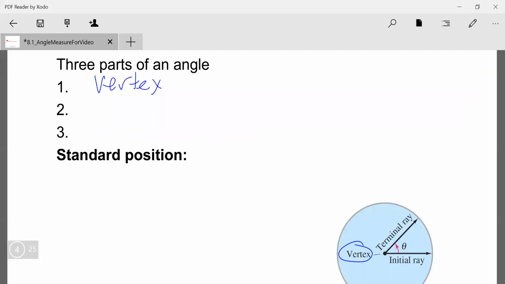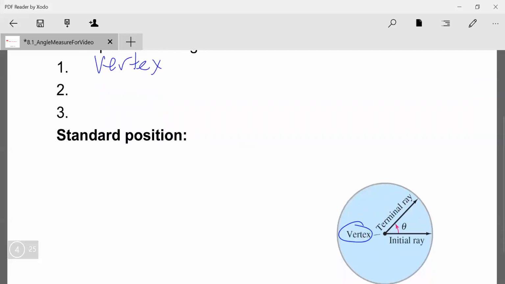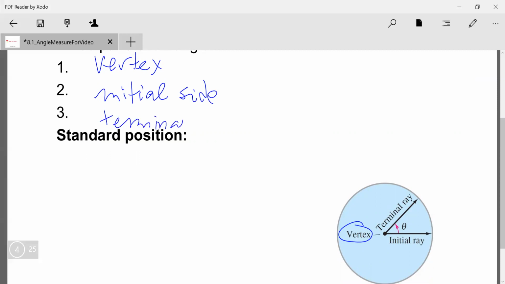One side is called the initial side, and the other one is called the terminal side. So here is an example.